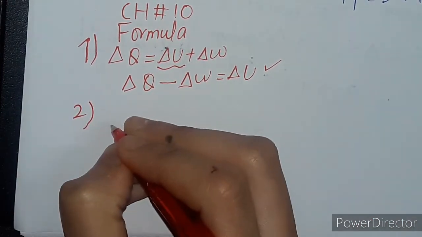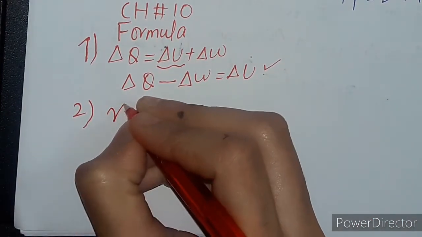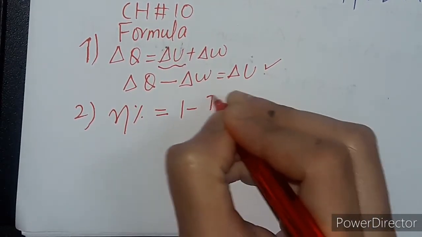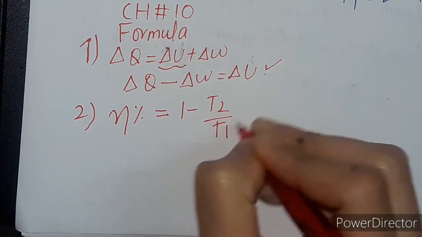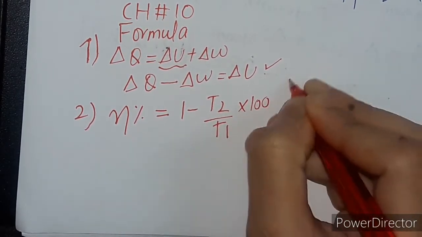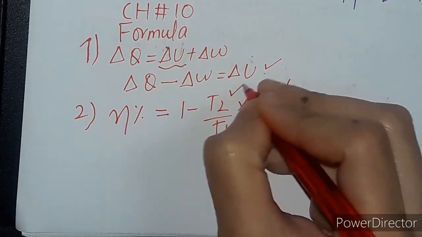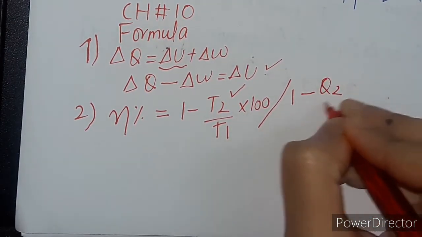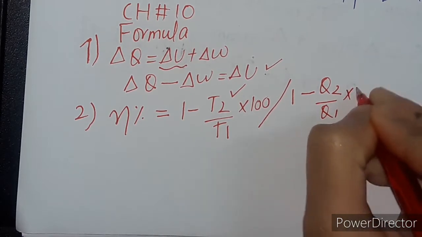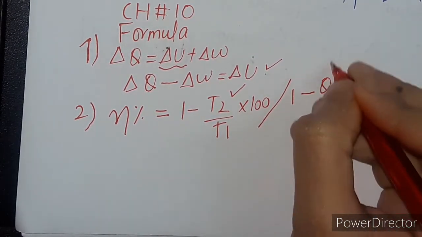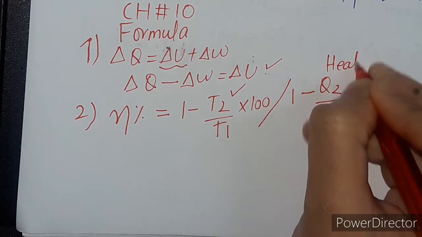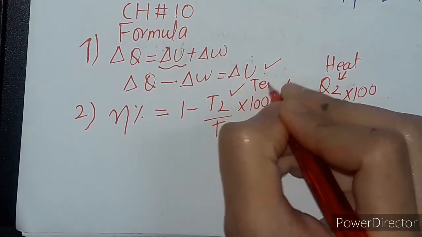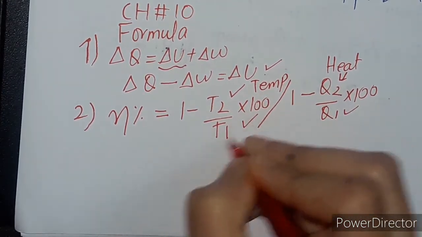Then the second formula is efficiency percentage. Efficiency percentage is equal to 1 minus T2 divided by T1 multiplied by 100, which we mostly use, but Q2 divided by Q1 multiplied by 100 can also be used. When we are given heat, we use the Q formula, and when we are given temperature, we use the T formula.